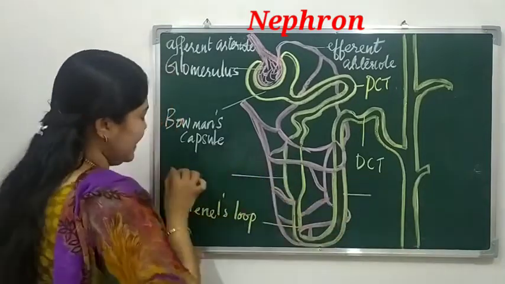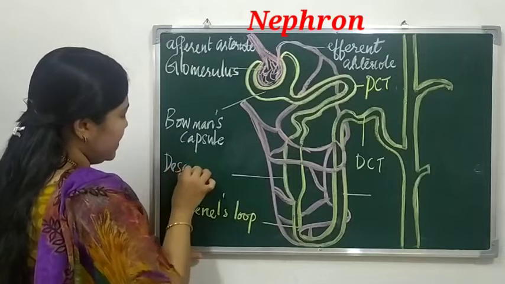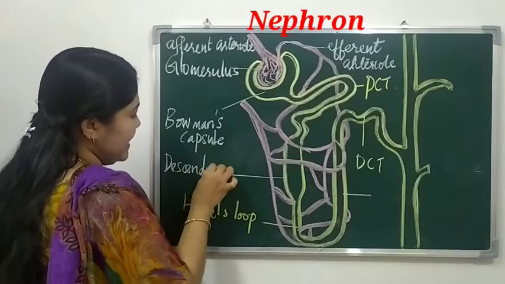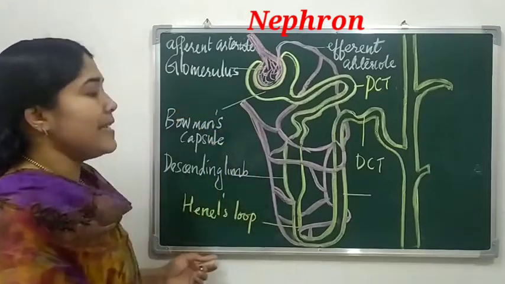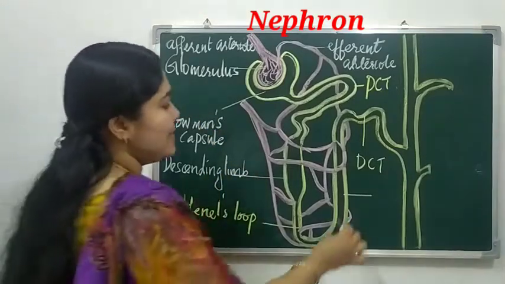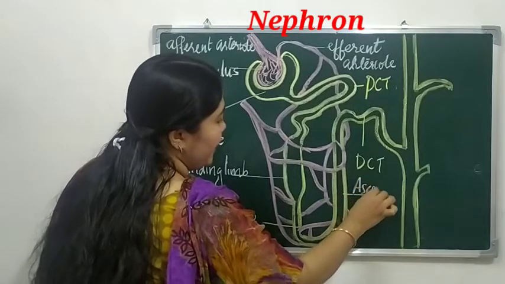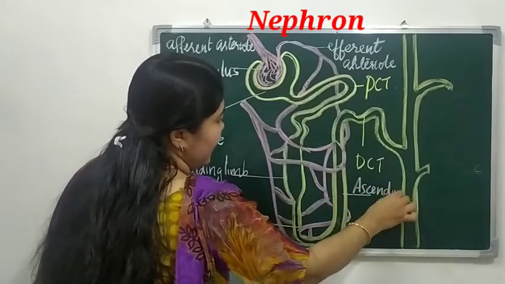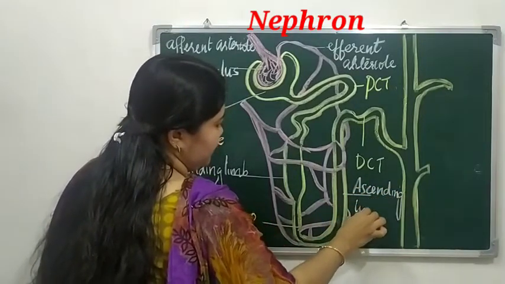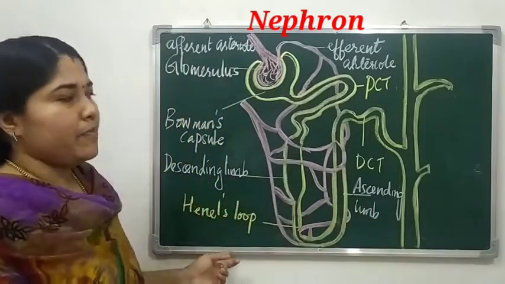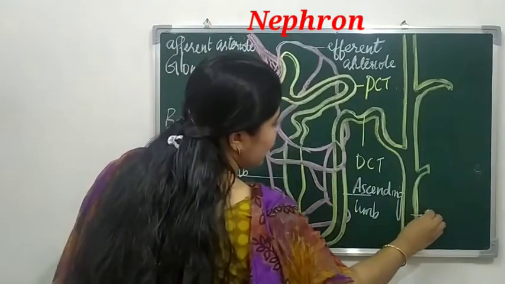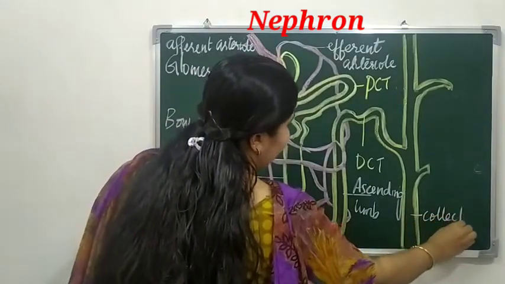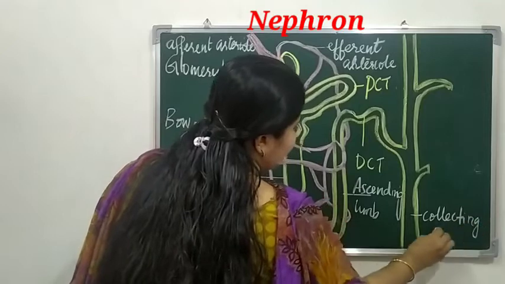One is the descending limb of Henle's loop, and this is the ascending limb of Henle's loop. And you can see the DCT leads into the next part, which is known as the collecting duct.